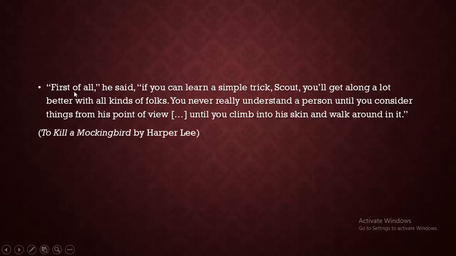Here one character is saying something to another character, Scout: if you can learn a simple trick, Scout, you will get along a lot better with all kinds of folks. Folks means people, and getting along better means to behave well with them and to keep good company with them.